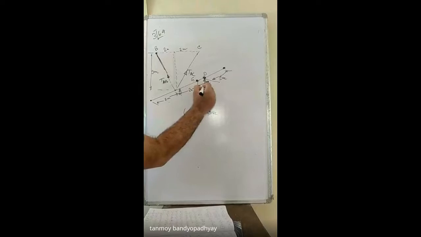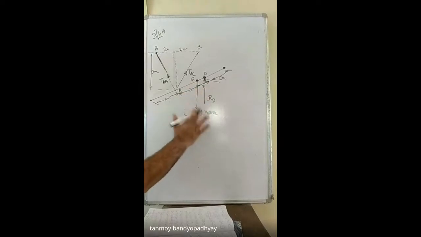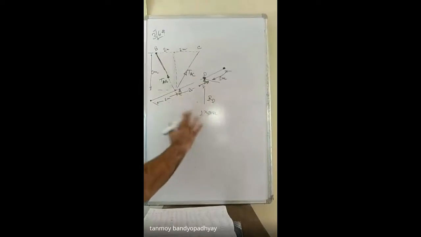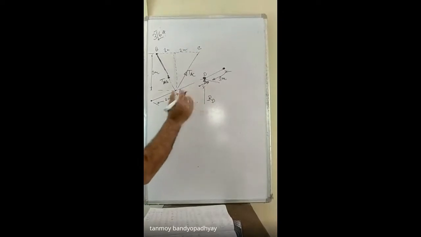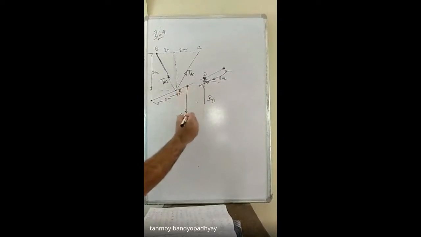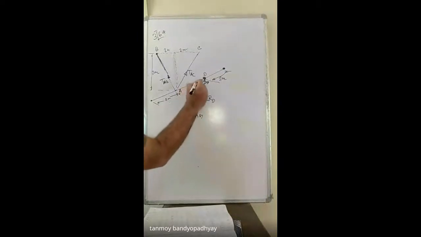Maybe it is confusing with the drawing. What I can do is, it is 60 into 8 into 9.81. So this distance is 1 meter, 2 meter, and we will be left with 3 meters.